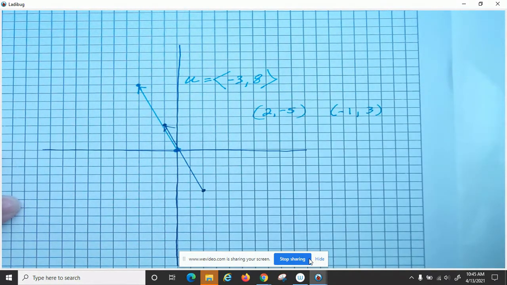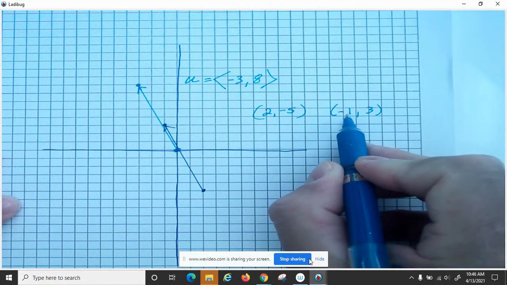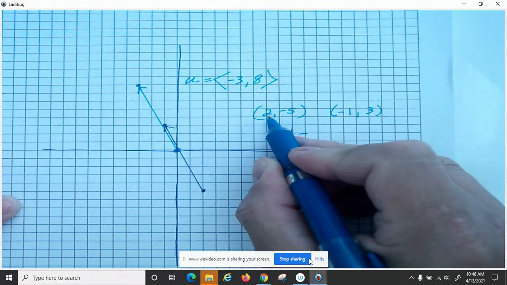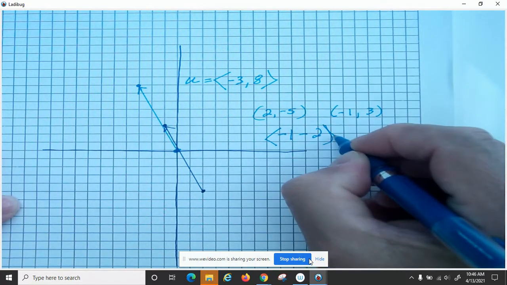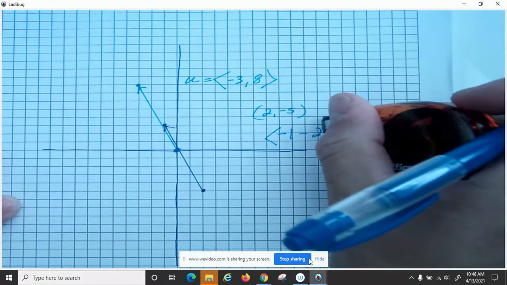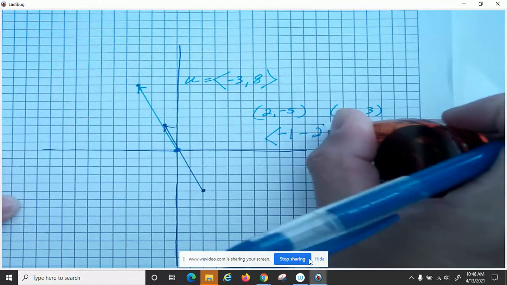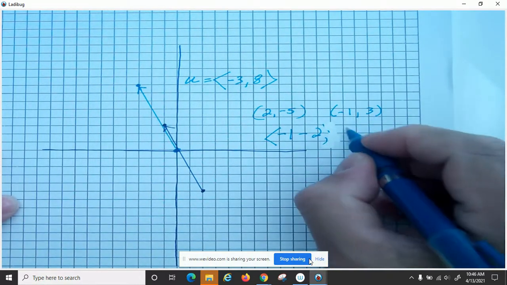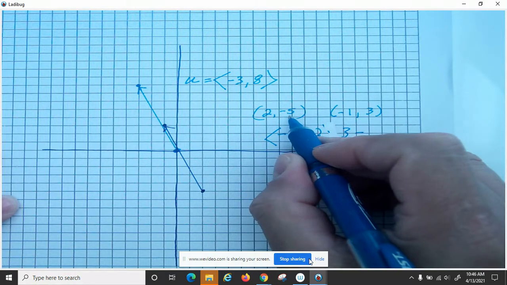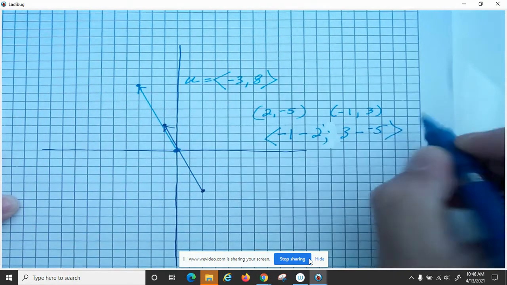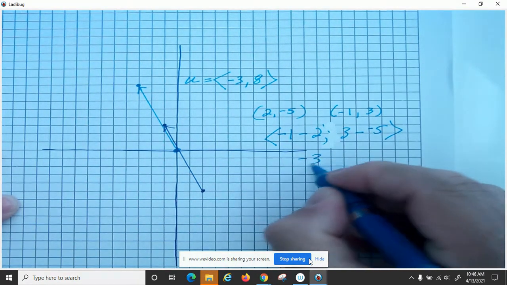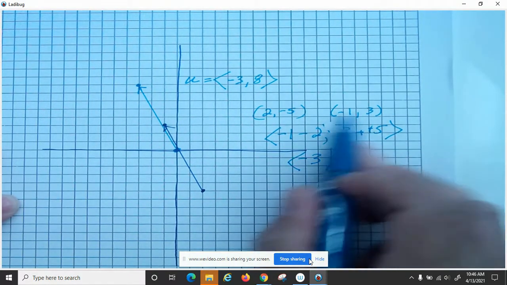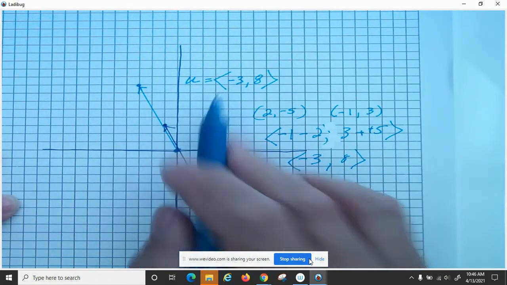I can take terminal x minus initial x, and take the terminal y and subtract the initial y. I get -3 and I get +8. So mathematically I can do it this way, graphically I can do it this way.